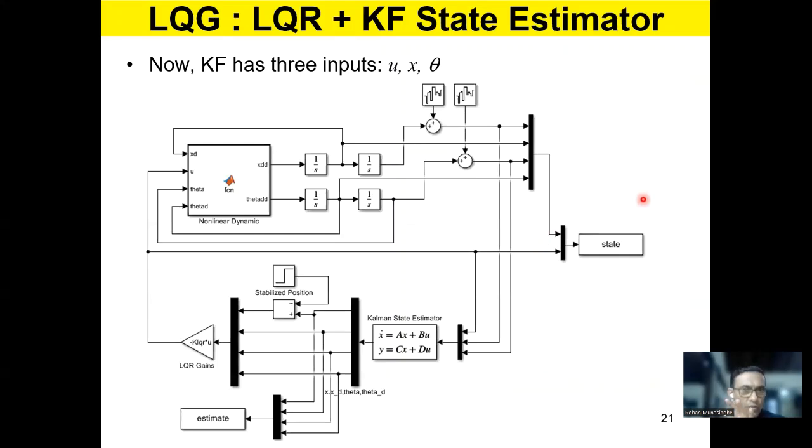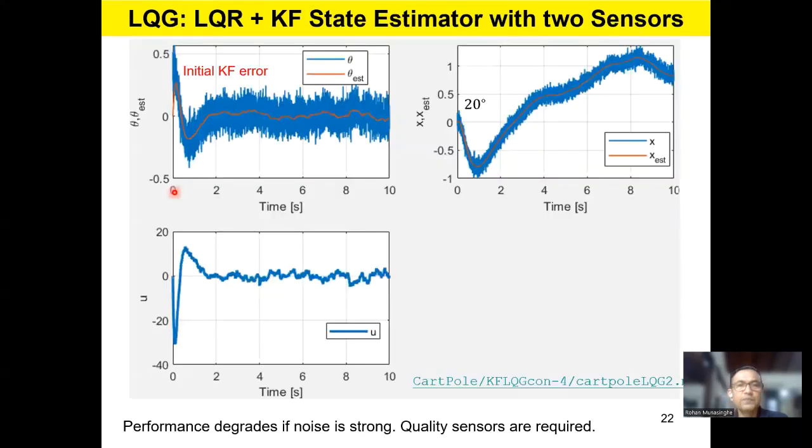With that, this is your Simulink model. You have the nonlinear plant here, the two signals measured, cart position and pole angle, and they are both taken into the Kalman filter, and the Kalman filter predicts the four states into the linear quadratic regulator. It produces the control signal, and this is what we get.